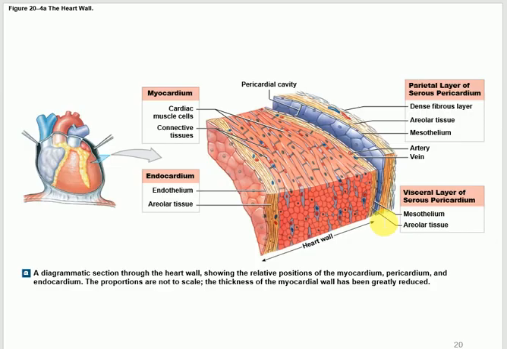Look at this picture right here. This is the endothelium all the way inside. This endothelium is flat, smooth, so the blood will be in contact with this. The outside is connective tissue. Look in the middle, cardiac muscles, all of this. So this is the main chunk of the wall.